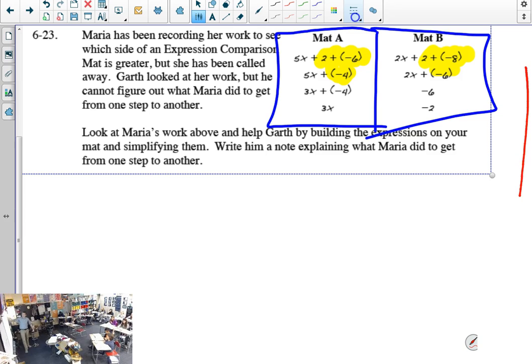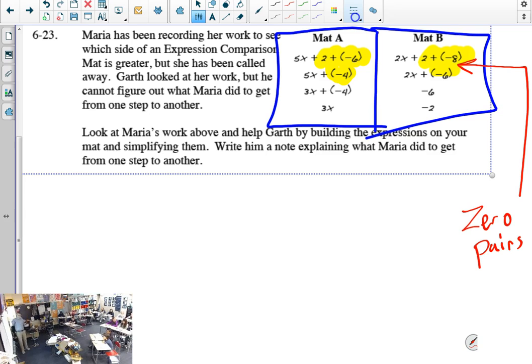So guys, remember, between step 1 and step 2, if we think back to the vocab we've been using, she made 0 pairs. Right? When we add those positives and negatives and they cancel out, that makes 0 pairs. But when we take something off of both sides that was the same, what do we call that? What type of pairs? Balanced pairs.